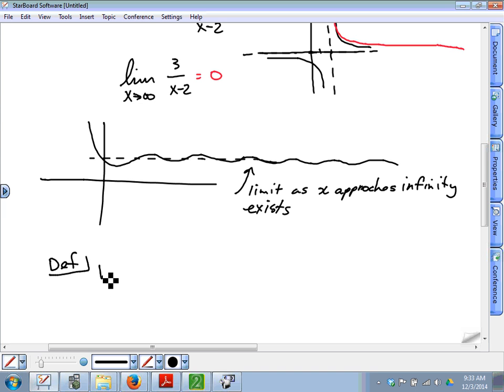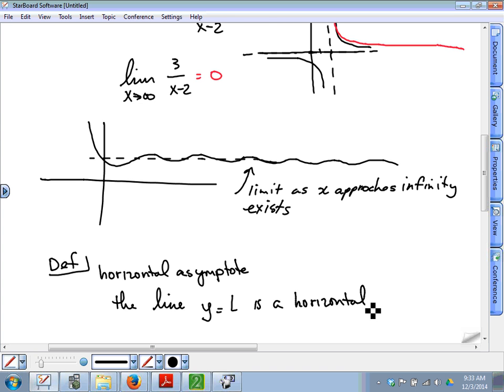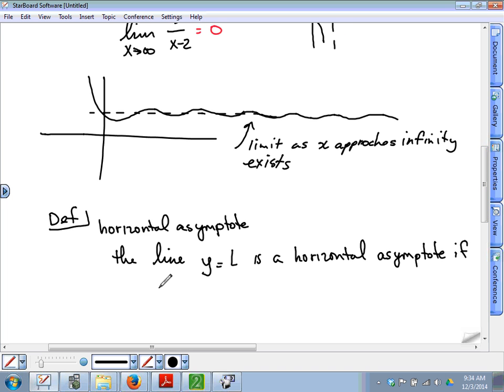So here's a definition that ties this to a horizontal asymptote. The line y equals L is a horizontal asymptote if the limit as x approaches negative infinity of f of x is equal to that line L, or it could be approaching the other side, positive infinity.